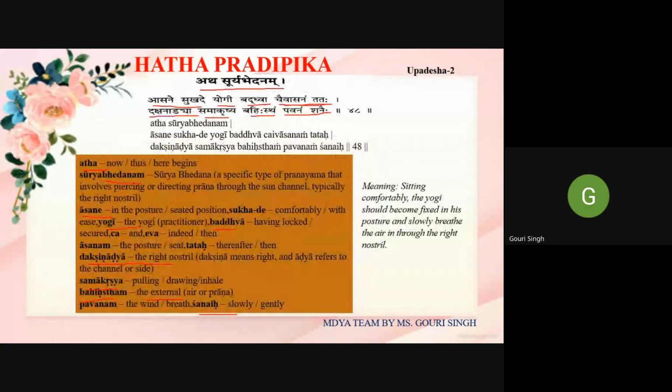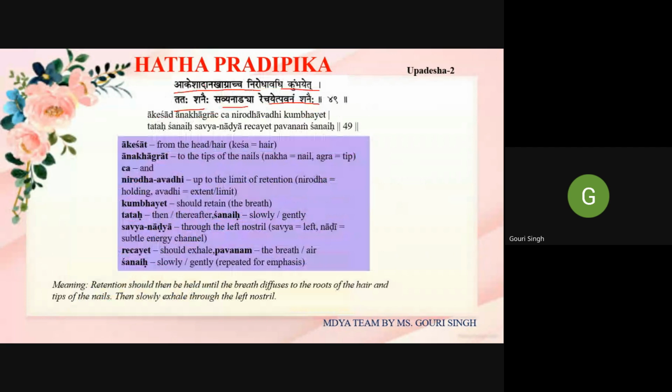Then in the next sloka he says akasat anakhagrata. Akasat means from the head, to the tip of the nail, meaning down to your feet. Tip of the nail means the nails present in the feet area. Till that much you have to expand the inhalation.